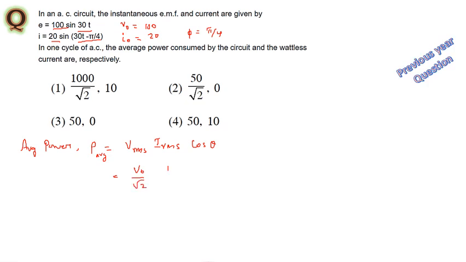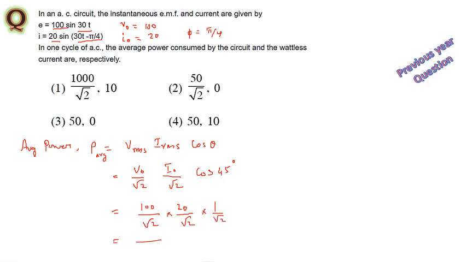IRMS is I naught divided by root 2, and cos of pi by 4, that is cos 45 degrees, is the phase difference I already mentioned. So V naught is 1000 divided by root 2, into I naught, 20 divided by root 2, into cos 45, which is again 1 divided by root 2. Root 2 into root 2 is 2.